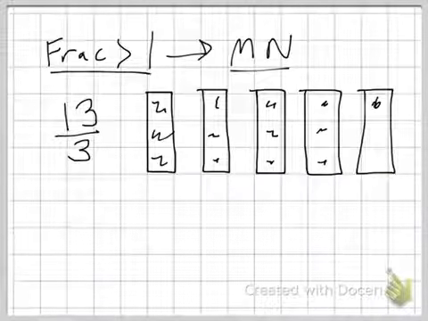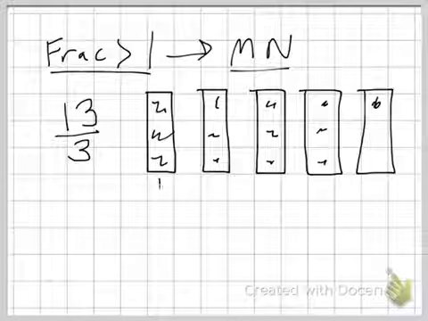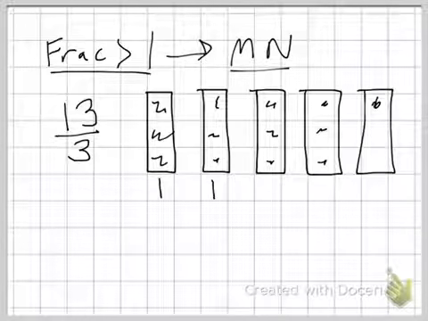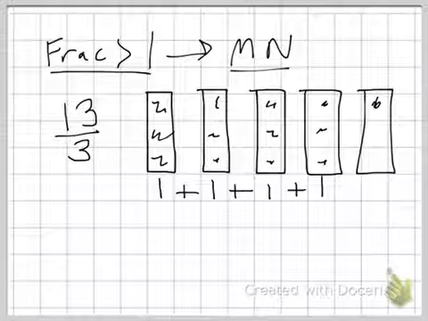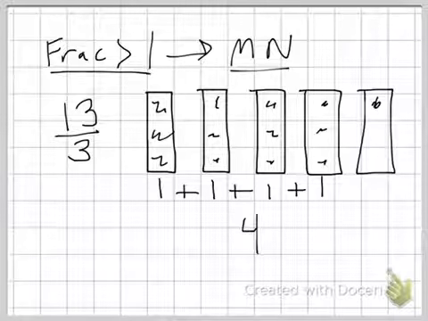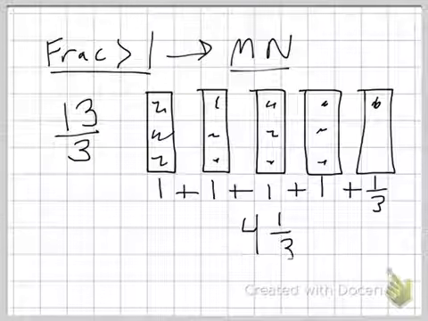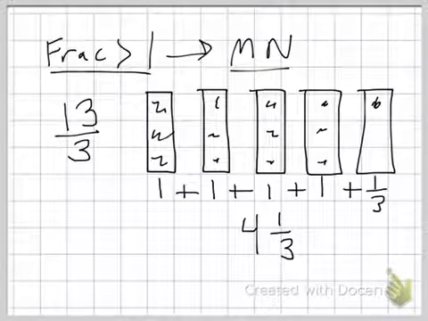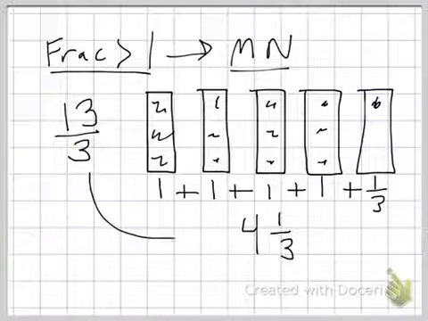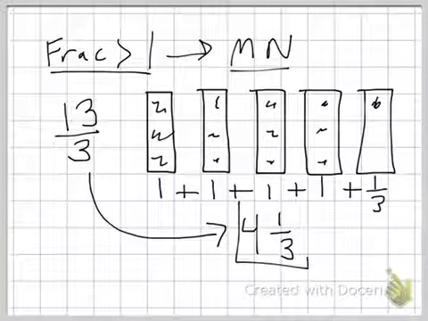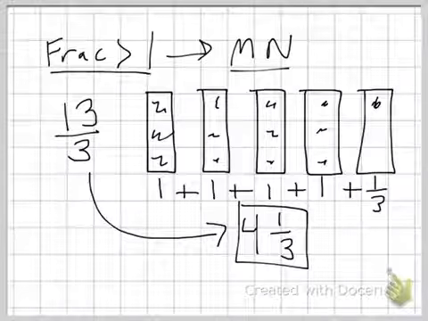Now if we look at this in terms of whole numbers, we have 1 whole here, 1 whole here, 1 whole here, and 1 whole here. 1 plus 1 plus 1 plus 1 is 4. And then don't forget we have this extra 1/3 over here. So 13 over 3, the fraction greater than 1, is equivalent to 4 and 1/3.